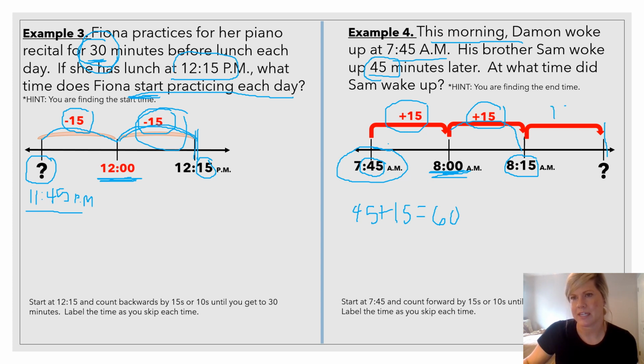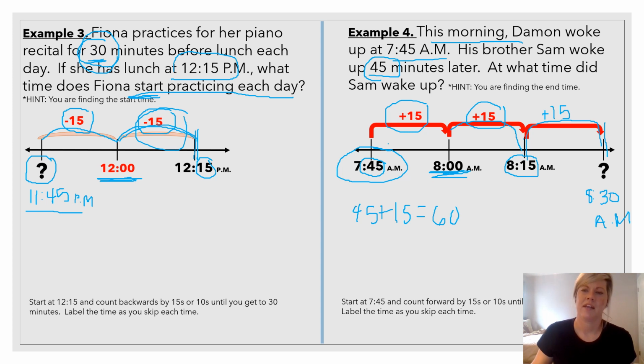Well, 15 would give me 45. Okay, so our last jump is also 15. 8:15 plus another 15 is 8:30. Okay, so 8:30, and we would say a.m. is the time his brother woke up.